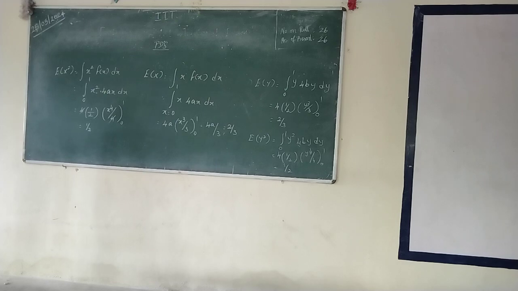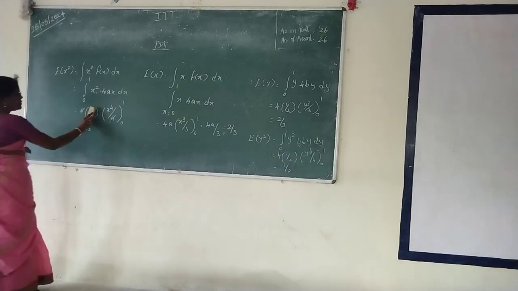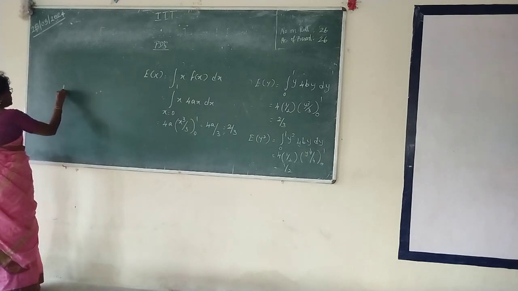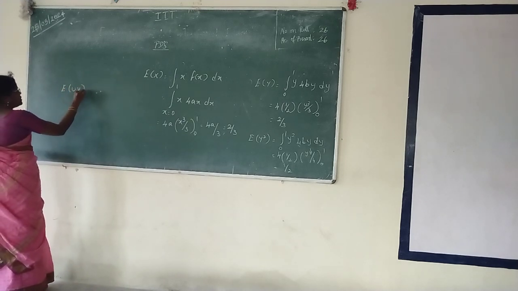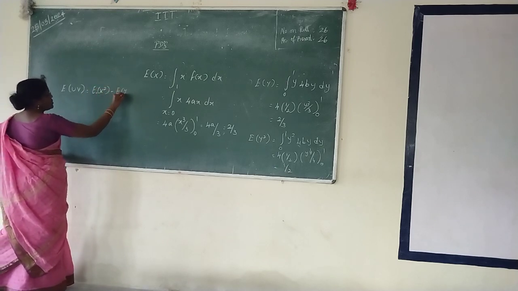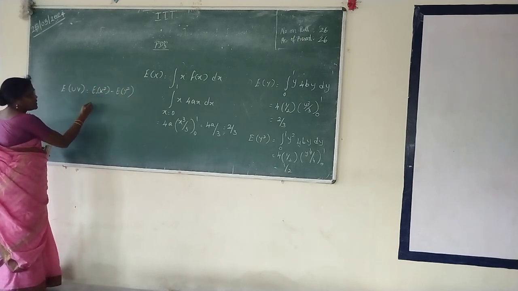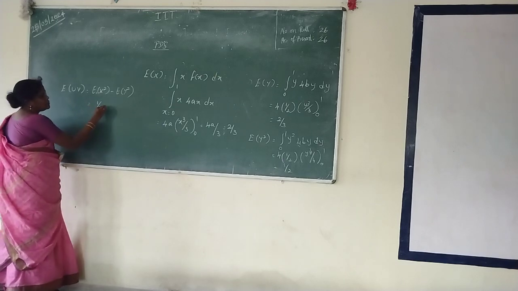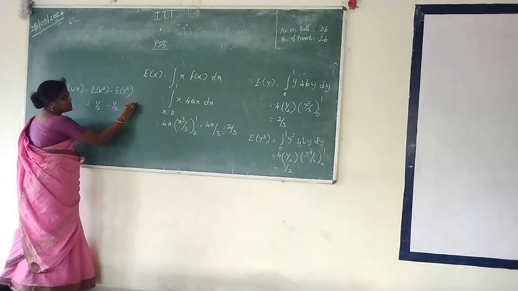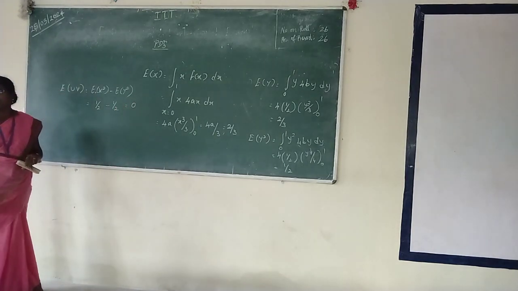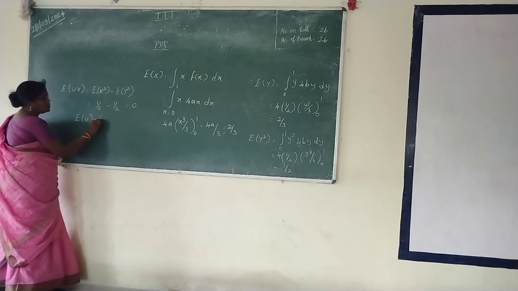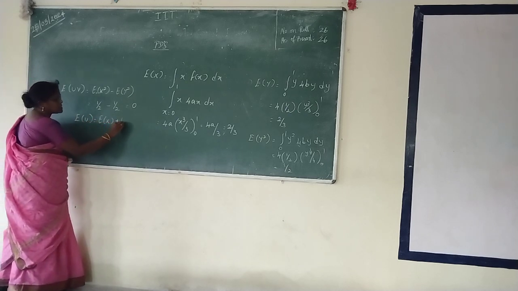E of uv. Find E of uv. How do you define E of uv? E of x square minus E of y square. What is E of x square? 1 by 2, minus E of y square, 1 by 2. What will be your answer? 0. Find E of u. That is equal to E of x plus E of y.